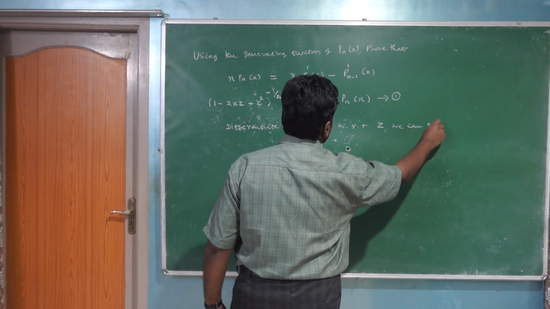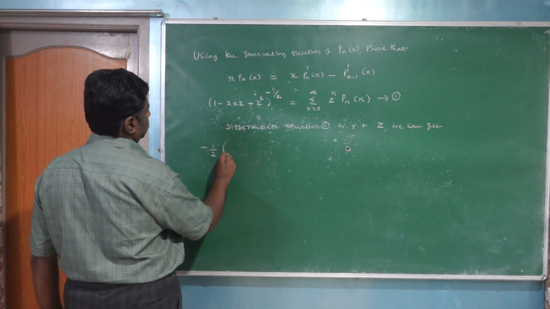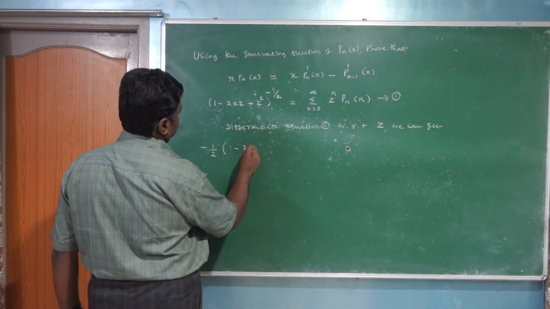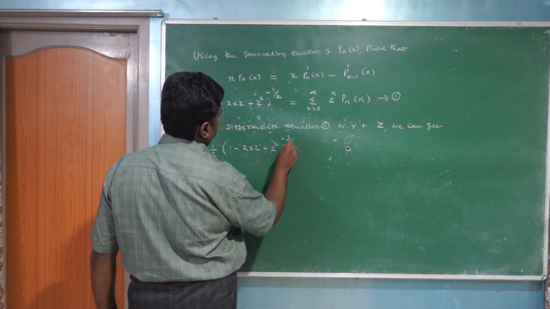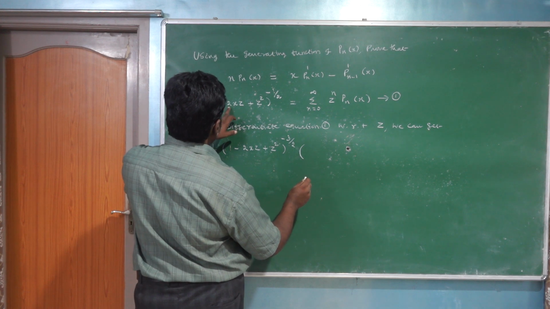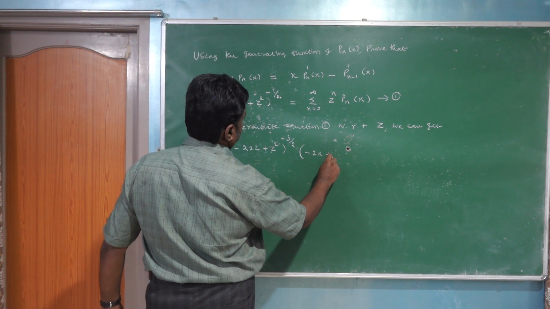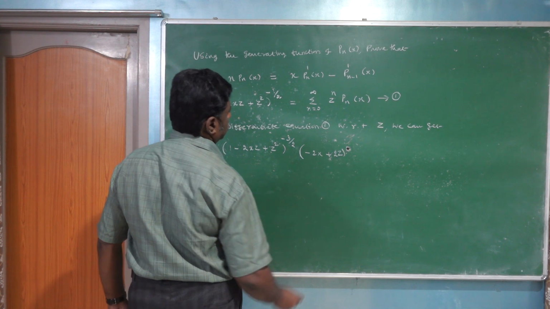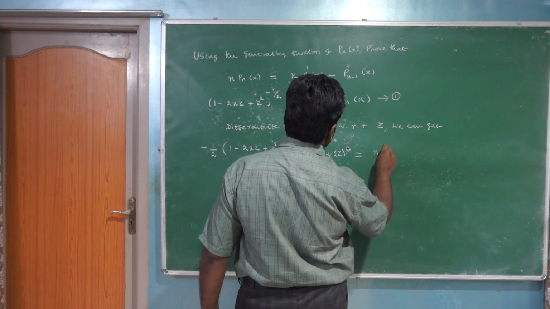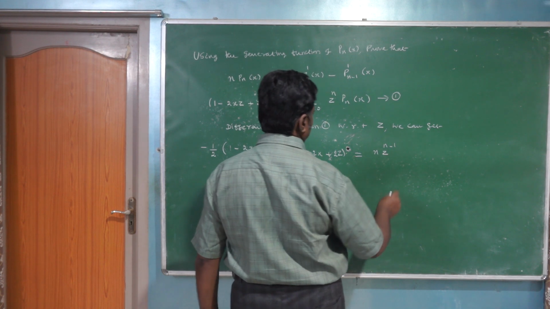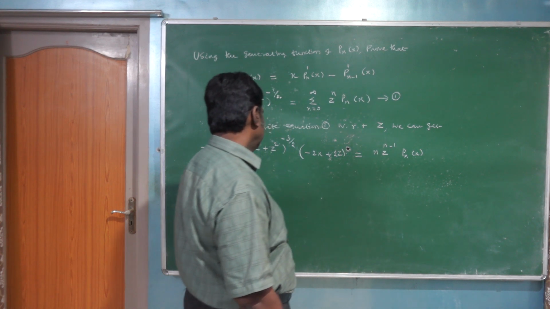We can get minus 1 by 2 into (1 minus 2xz plus z square) power minus 3 by 2 into (minus 2x plus 2z) equals summation of n into z power n minus 1 Pn of x.